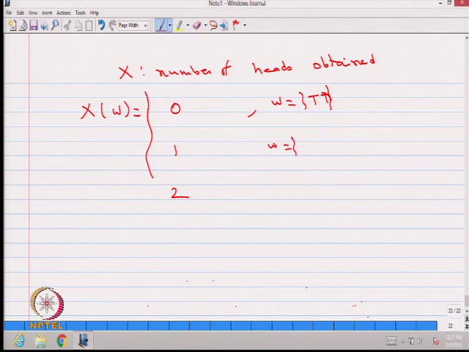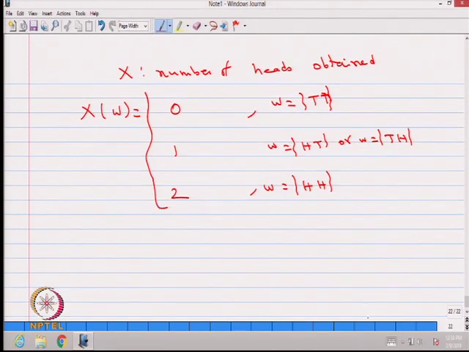When omega is equal to HT or omega is equal to TH, you are going to get X of omega equal to 1. When omega becomes both heads, you are going to get the value 2. So, the possible values of the random variable X are 0, 1 and 2. So, this is a real valued function.